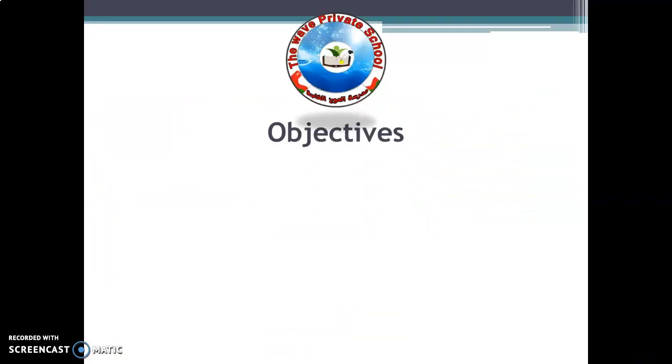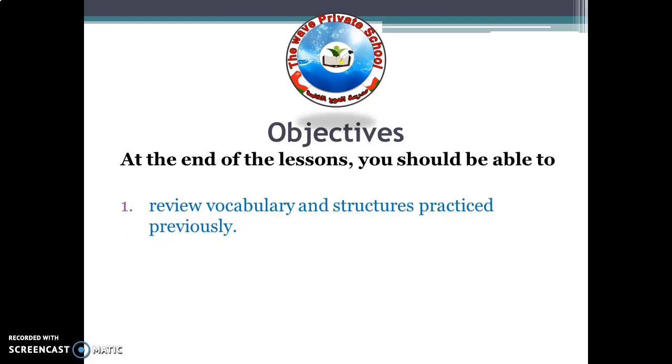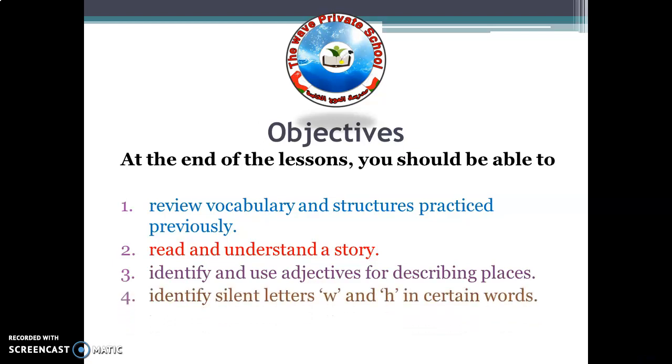Our objectives at the end of the lessons: you should be able to review vocabulary and structures practiced previously, because we're going to have the last page of the student's book for unit 11. Number 2, read and understand the story. Identify and use adjectives for describing places, and identify silent letters W and H in certain words.